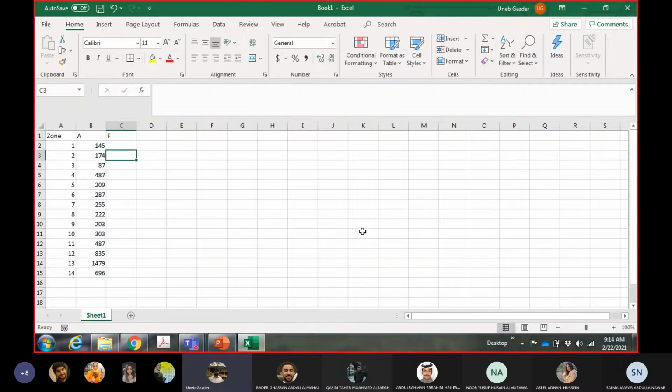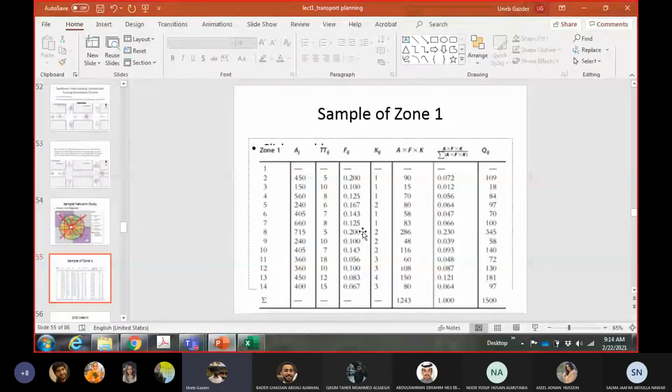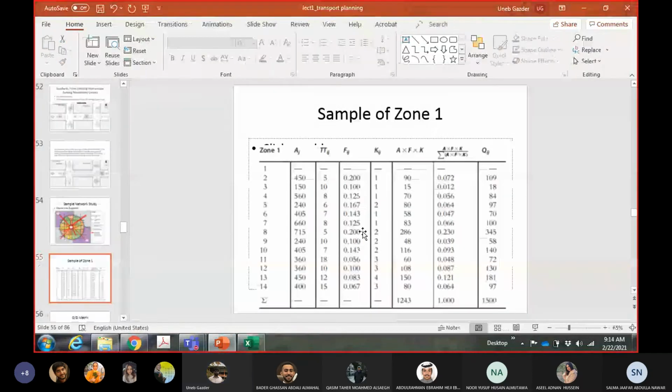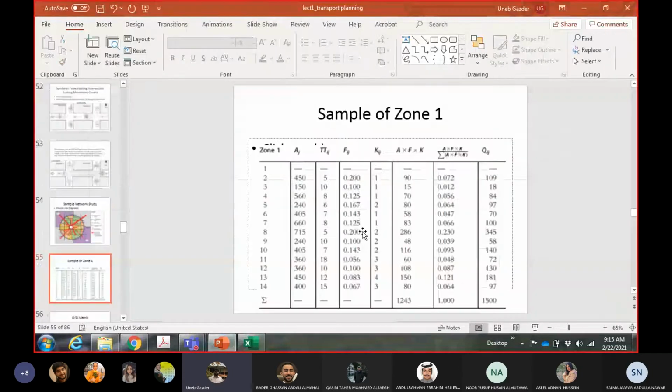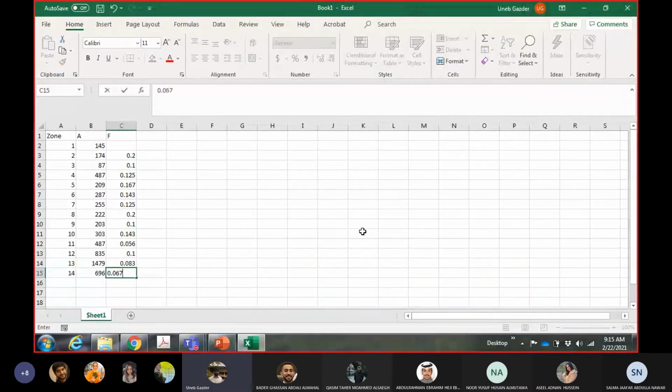So F factor, and I'm ignoring zone 1 here: 0.2, 0.1, 0.125, 0.167, 0.143, 0.125, 0.2, 0.1, 0.143, 0.056, 0.1, 0.082, 0.067. Okay.